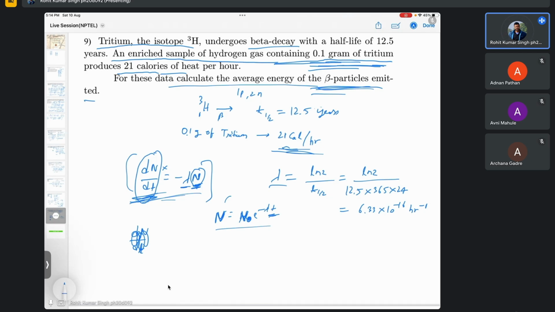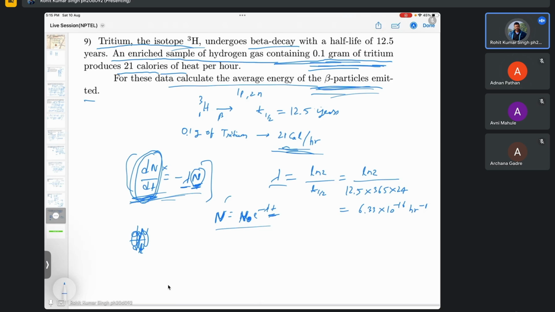So if we calculate the rate of decay of tritium, that will be the same rate at which the beta particles are emitted. Yes, sir, this isotope is decaying and beta particles are getting emitted.